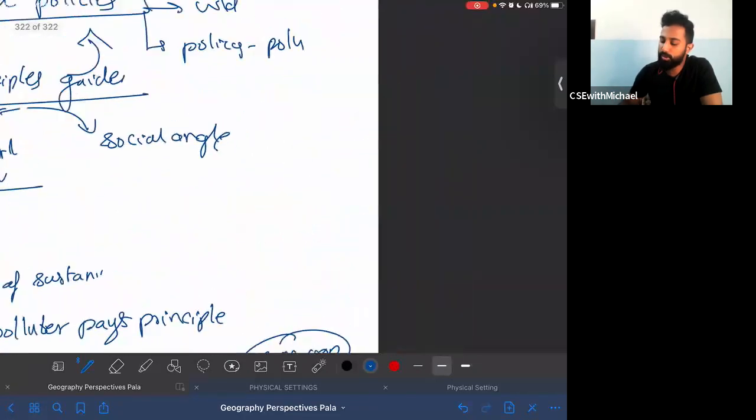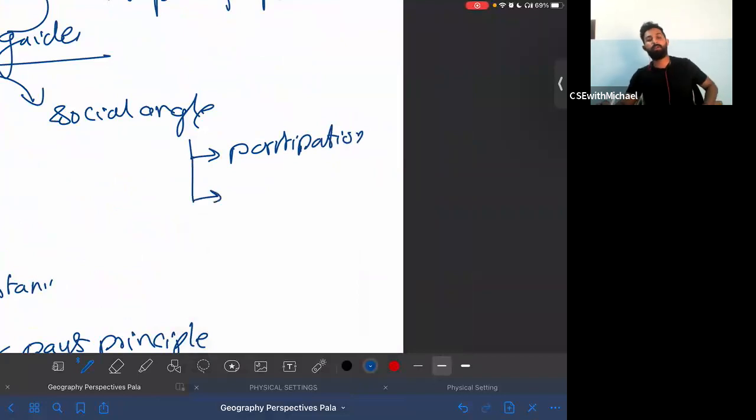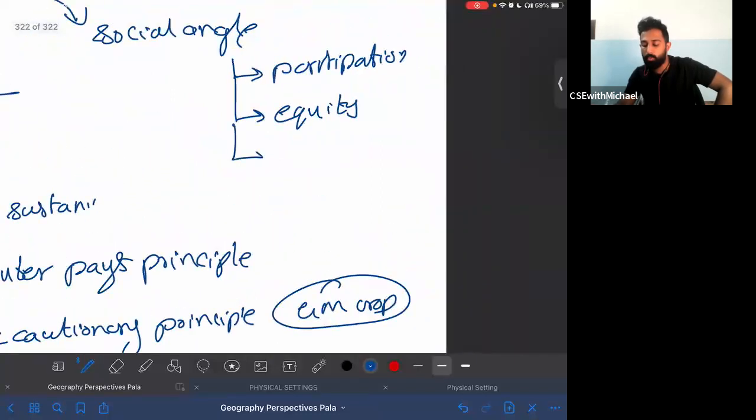Now with respect to the social angle, you have the participatory principle. Different stakeholders must be involved in policy making. That is, participation needs to be ensured. Then equity. For example, the polluter pays principle has an equity dimension. The one who is disadvantaged should not be expected to share the same burden.